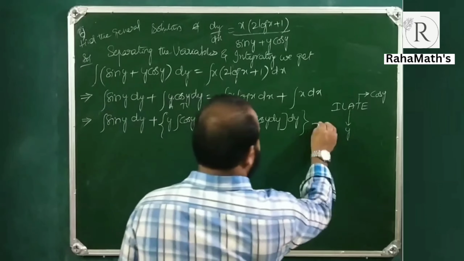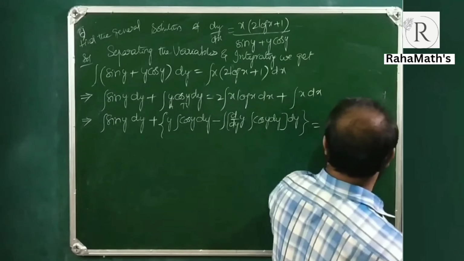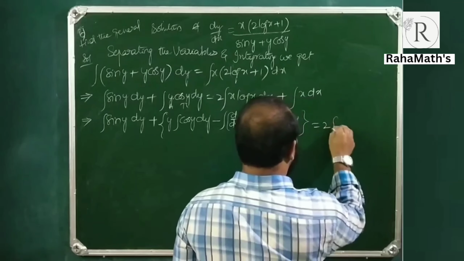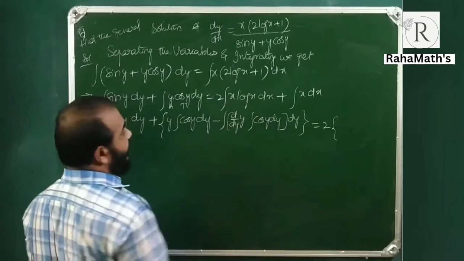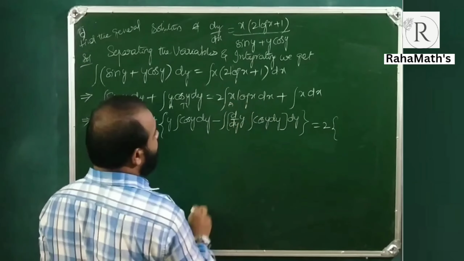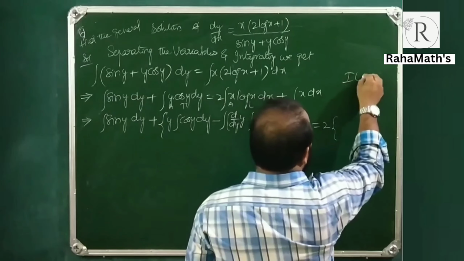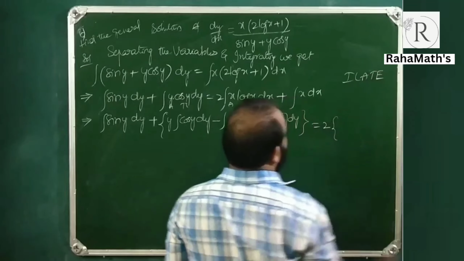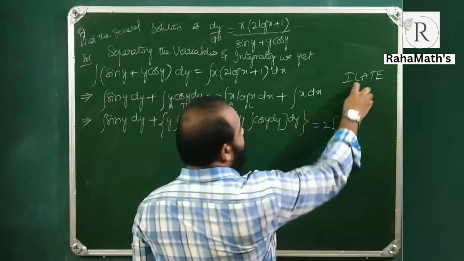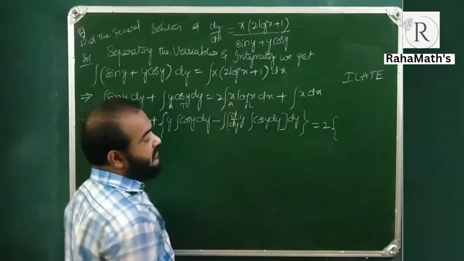Is equal to 2 into here x log x. x is an algebraic function and log x is a logarithmic function. So here L comes first, so the first function is log x here.